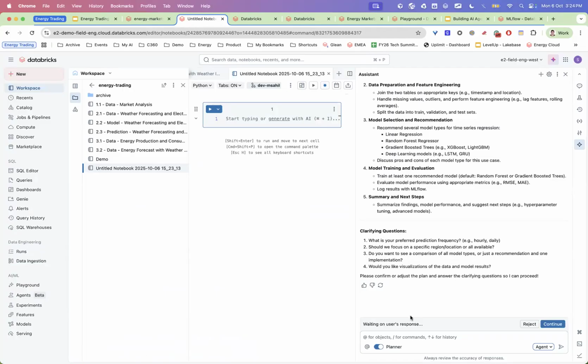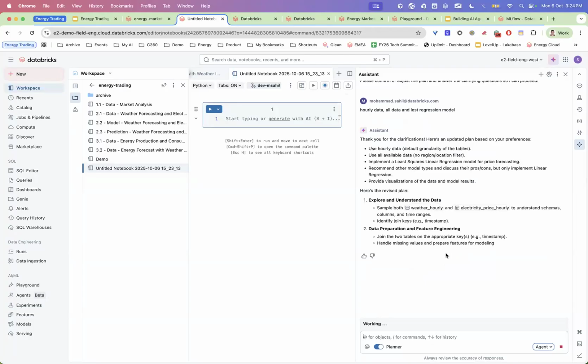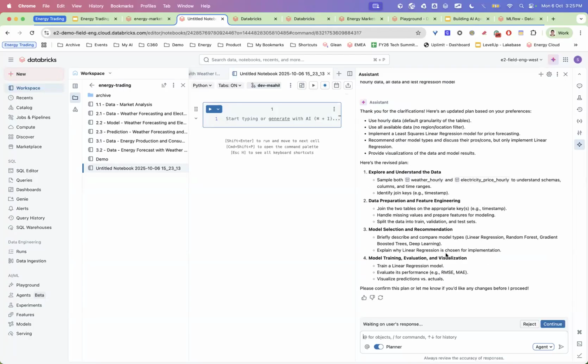Let's say, use hourly data with all data for your training pipeline, and let's use a regression model. Yeah, it generates the code. It will look at the data source, generate the code, fix the code issues, and assist with those.